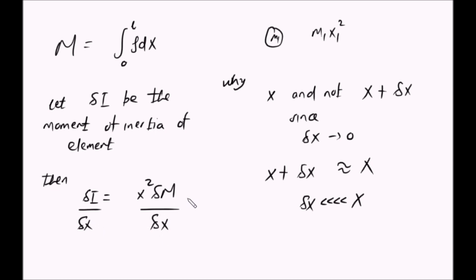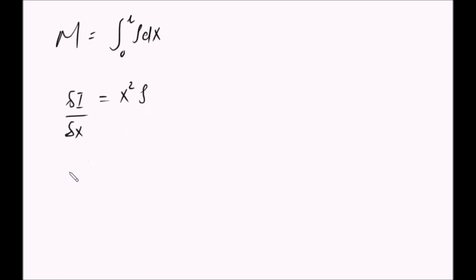So delta m over delta x ni nini? Line density. Kwa hiyo itakuwa ni x squared rho. So I want to write again the mass of the whole body. So tumeona kumbe moment of inertia ya kile ki element chini ya length ya kile ki element ni sawa na x squared rho.